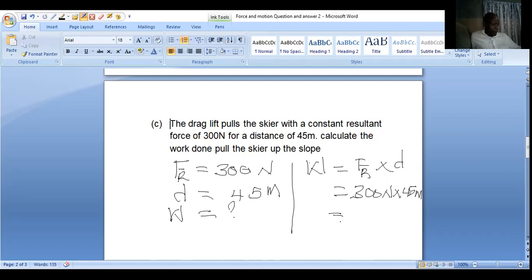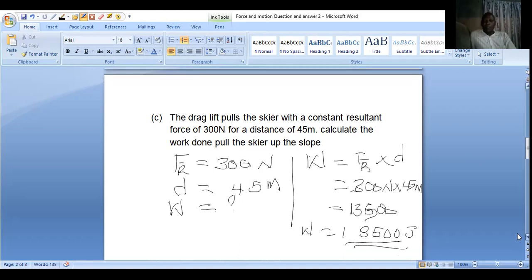And this gives us 13,500 joules. So this is the work which is done by moving the object upwards.